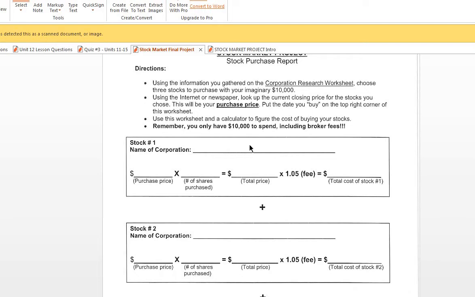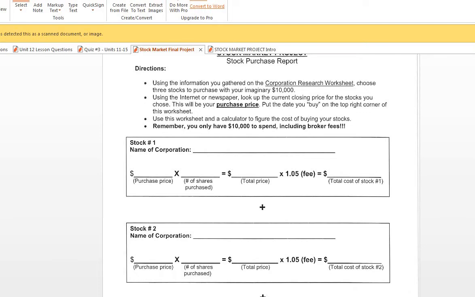So I would put Under Armour up here with UA. I would put 8.41. Let's just say I can buy 100 of these because they're so cheap, so $8 times 100 shares. It's getting me 800 some dollars, and I have to multiply that by 1.05 to get me the total cost of my stock.